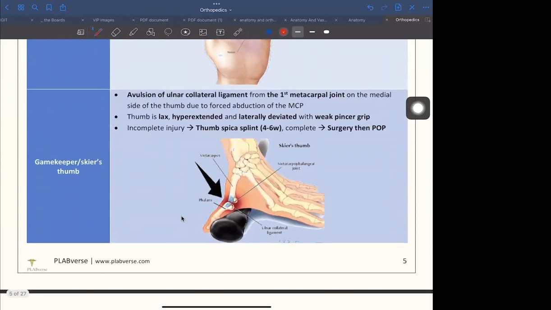There's something called gamekeeper's or skier's thumb, and the reason for the name is that back in time, they were playing something called the gamekeeper. They would get a chicken and try to avulse the head of the chicken by the thumb without using any kind of knife. So it can cause avulsion of a ligament in the first metacarpal joint.